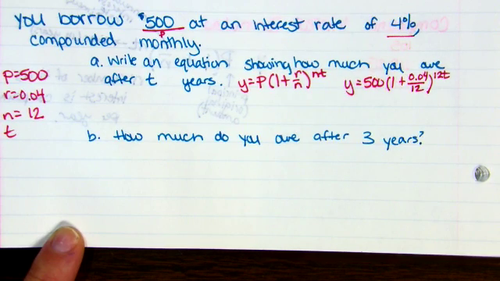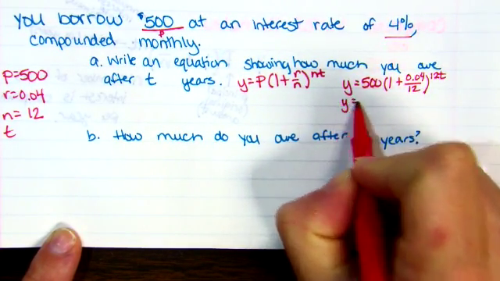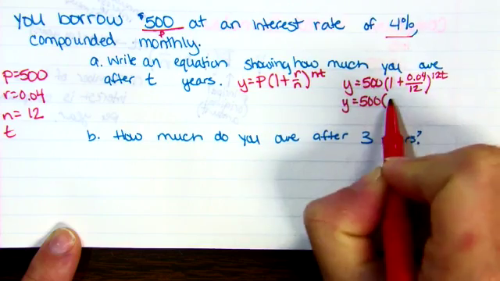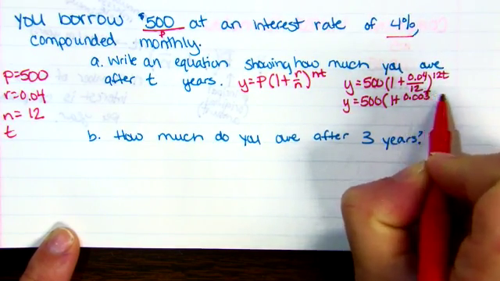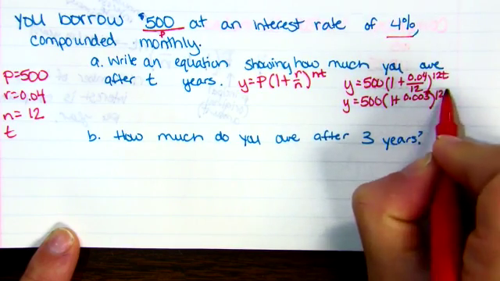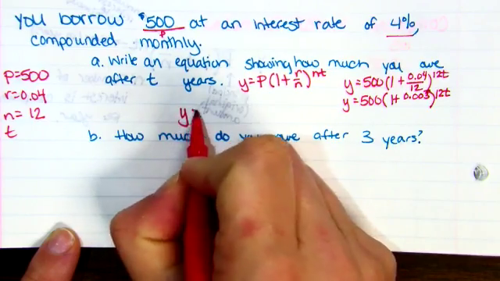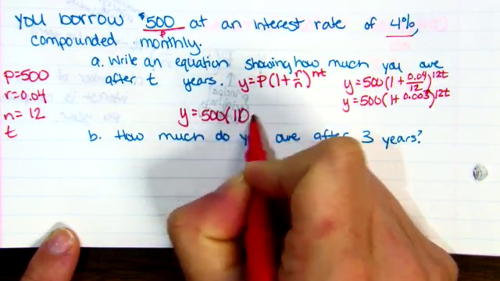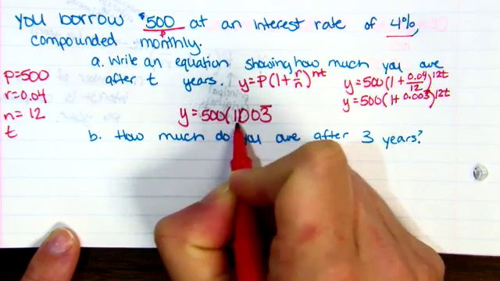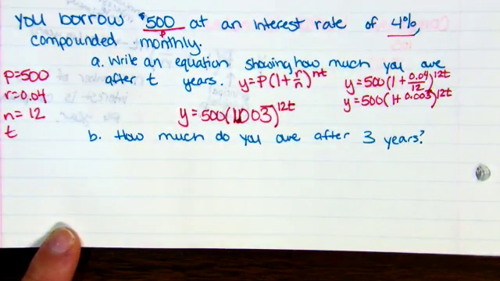And then I'm going to do 0.04 divided by 12, and we end up getting 0.003 repeating to the 12t. So if I simplify that even further, it's y equals 500 times 1.003 repeating to the 12t power.